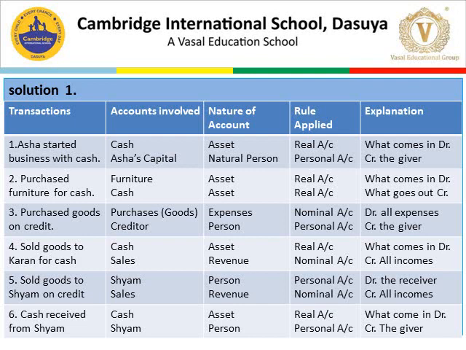Number 5, sold goods to Sham on credit. Now, in the 4th transaction, we sold goods for cash. When we sold goods, we were getting cash. Now, in transaction number 5, we sold goods, but we are not getting anything. So here a new account will be created. The person to whom we have sold the goods is our debtor.